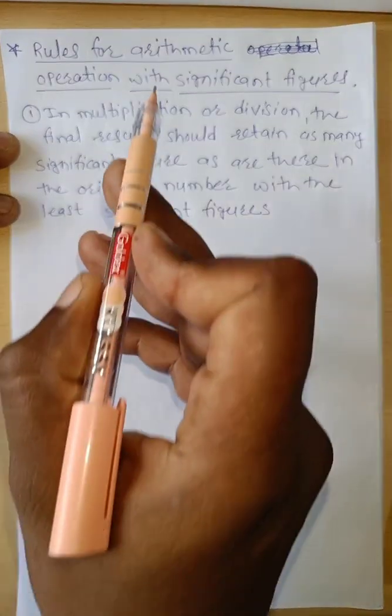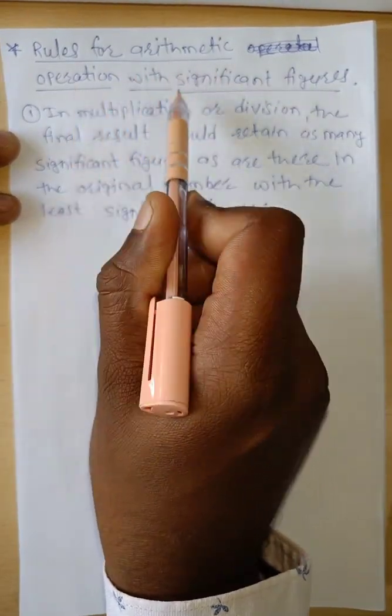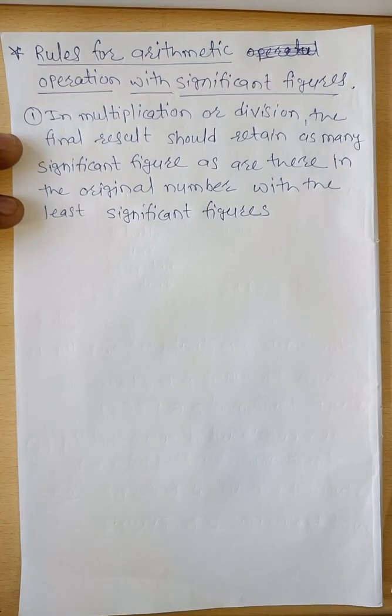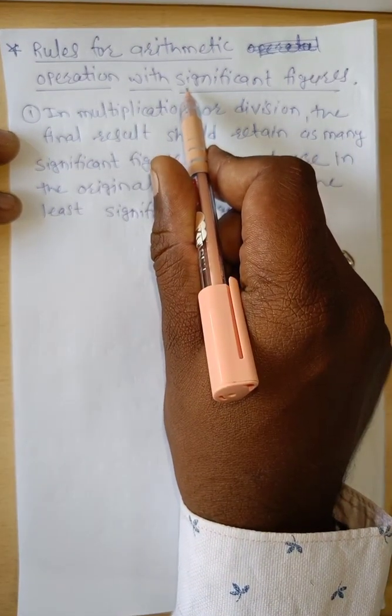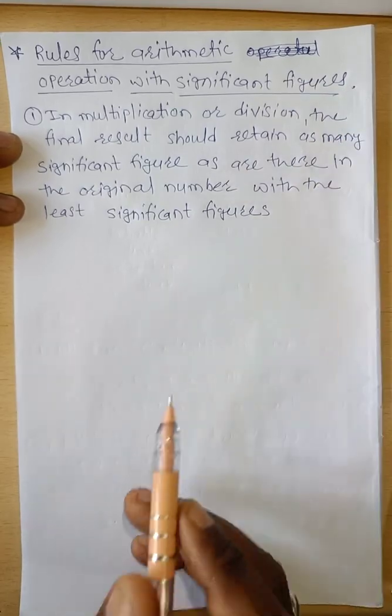Now next, rules for arithmetic operations with significant figures. Means when we have to perform an arithmetic operation, that is addition, subtraction, multiplication, division, then what is the rule about significant figures?